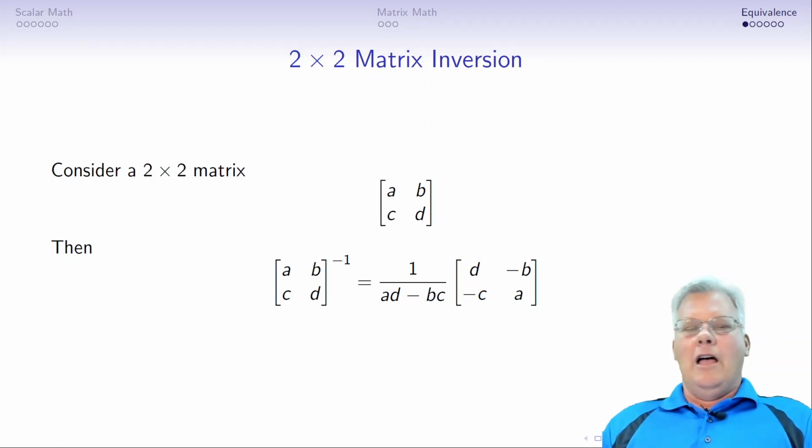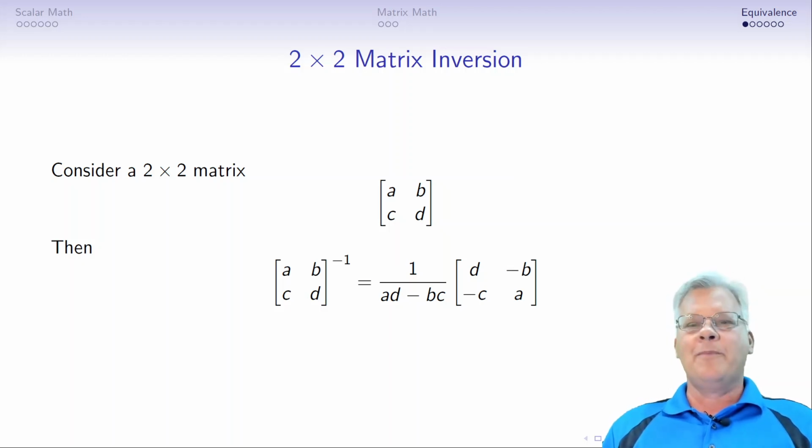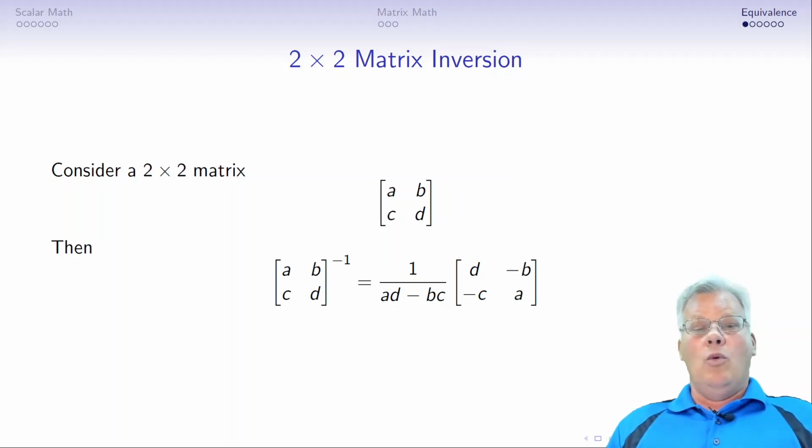So, to show that these two definitions, the matrix definition and the scalar definition, are mathematically equivalent, we must first consider matrix inversion, and we'll just do the very simple one. Since we have one explanatory variable, x prime x is a 2 by 2 matrix.